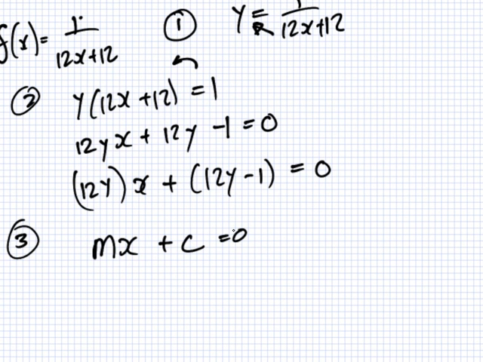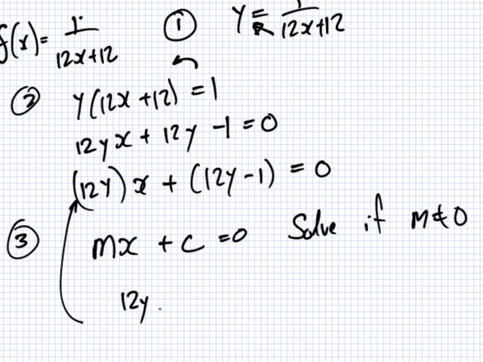When m is 0, because then it's a parallel line that doesn't actually cross the x-axis. So you can always solve if m is not 0. Because if m was 0, can we find x here? No, that's ridiculous, because there isn't an x. Totally ridiculous. So, here, what is the m? 12y. So this is solvable as long as 12y is not 0, which means y is not 0.